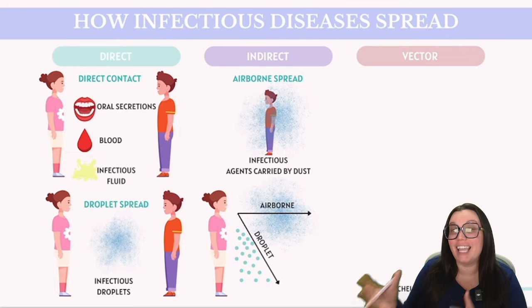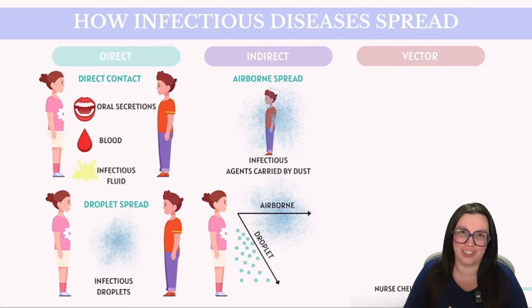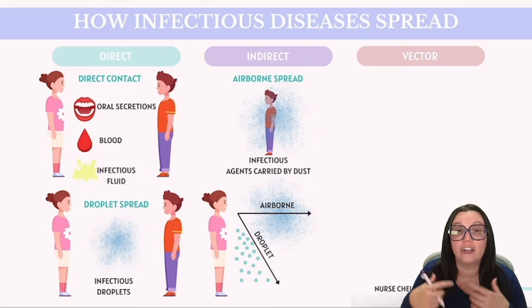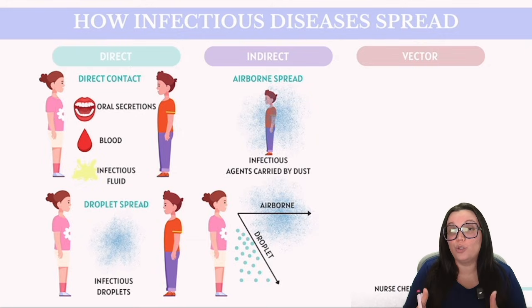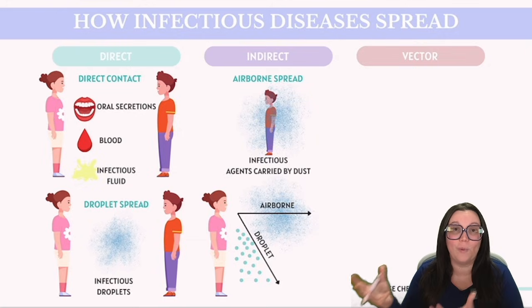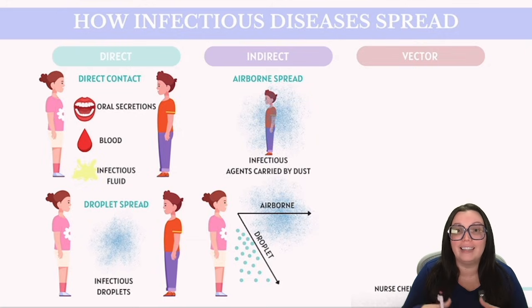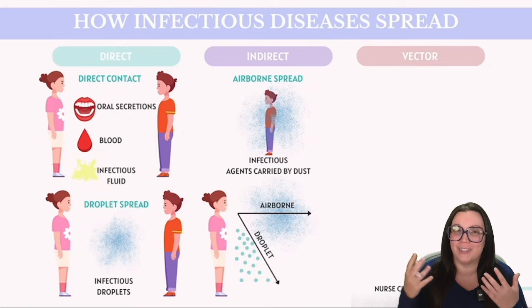Next, we'll discuss indirect transmission, which includes several mechanisms, one of which is airborne transmission. Airborne transmission involves infectious agents that are carried on dust particles or within droplet nuclei that remain suspended in the air. Due to their small size and light weight, these droplet nuclei can linger in the air for extended periods of time, allowing them to be inhaled into a host's respiratory system.